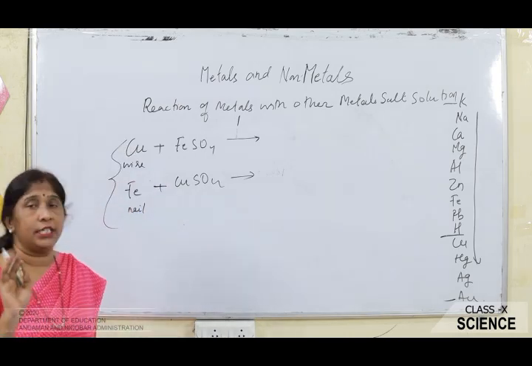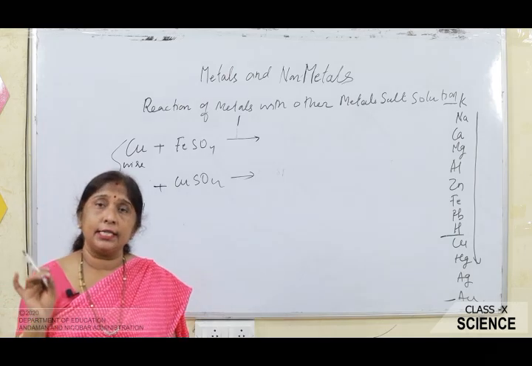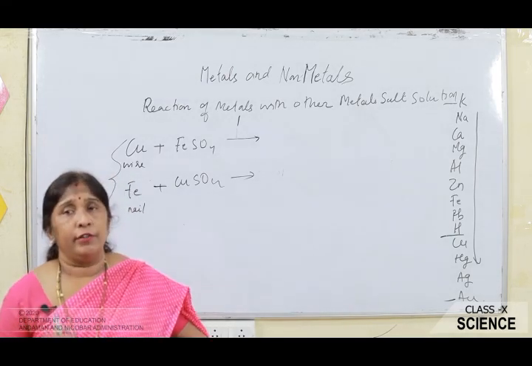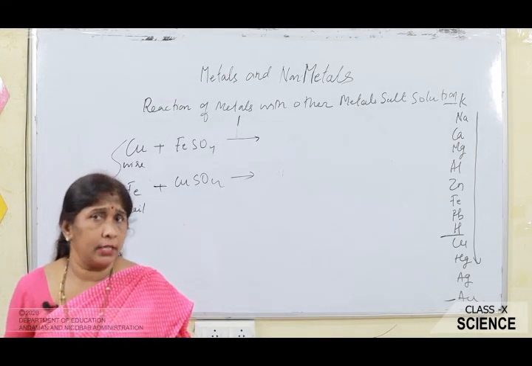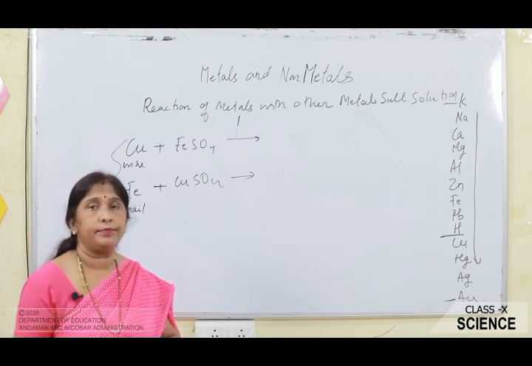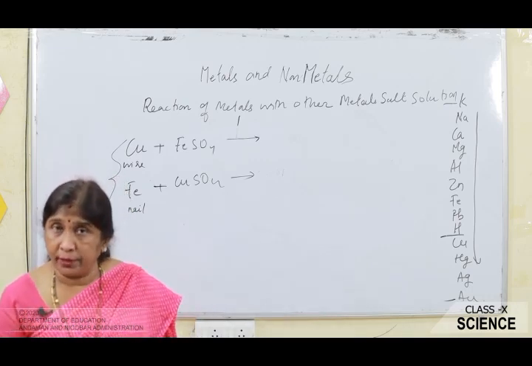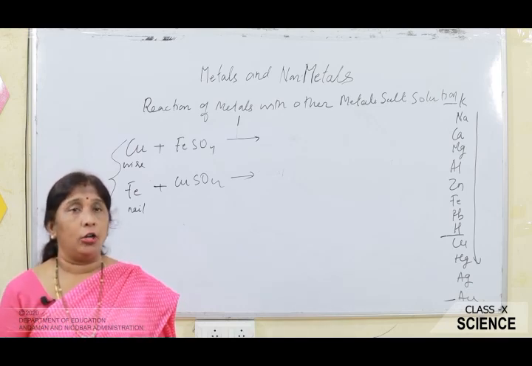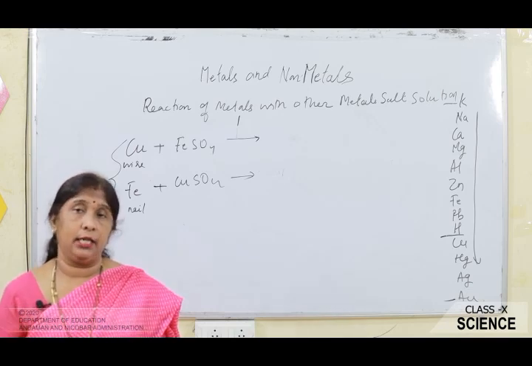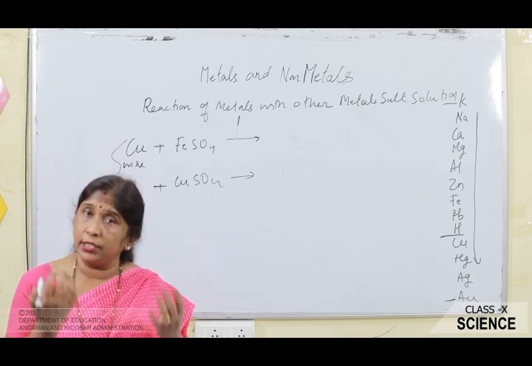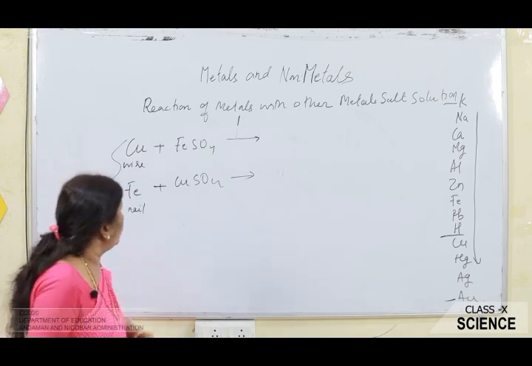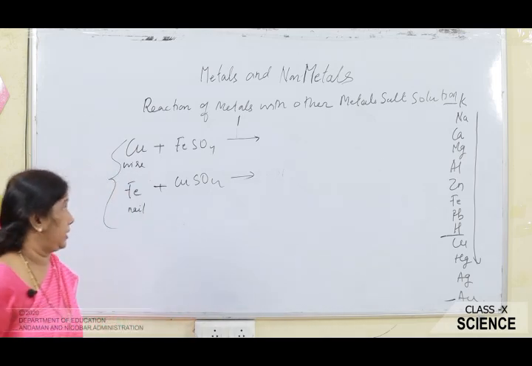Whenever there is a chemical reaction, we will observe some observable changes: either evolution of gas, or the formation of a precipitate, or some change in color, or some change in state. So we will try to observe what the changes are here.